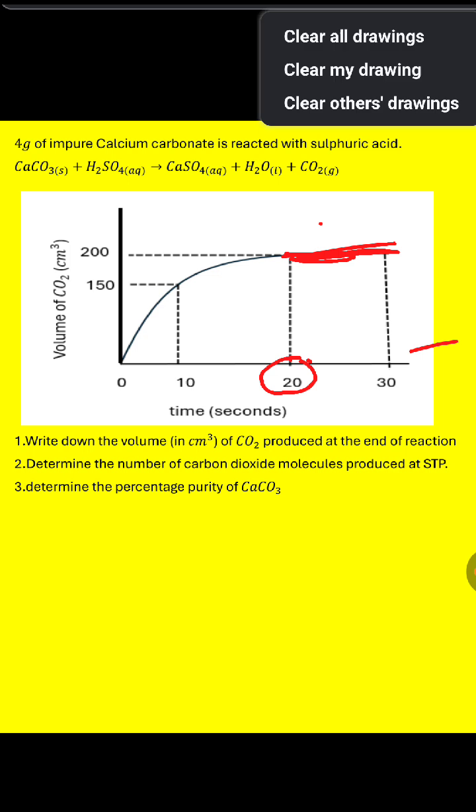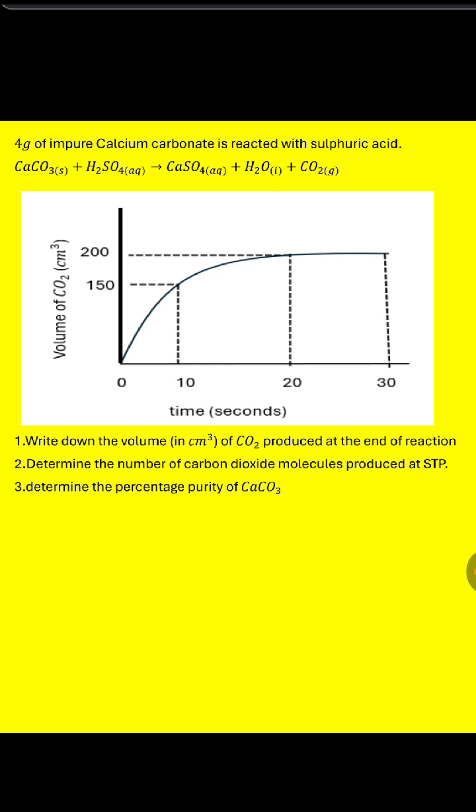Okay, so let's check. Now, we are saying after the reaction has stopped, the amount of carbon dioxide is 200. So a volume that is produced here is 200 cubic centimeters.